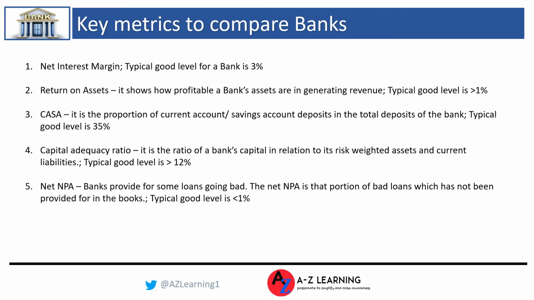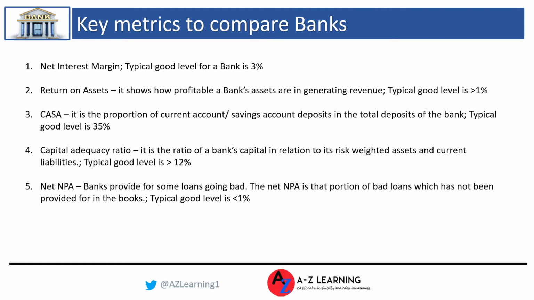Second metric, return on assets. This metric basically shows how profitable the bank is in terms of using its assets to generate revenue. So when banks get their deposits, they have the cash to lend, to give as a loan.